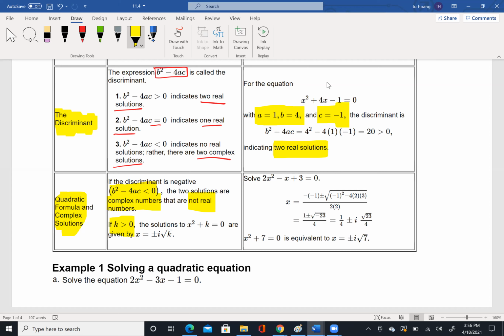Let's solve 2x squared minus x plus 3 equals 0. When we apply the quadratic formula, we get 1 plus and minus the square root of negative 23, over 4, which equals 1/4 plus and minus i square root of 23 over 4.